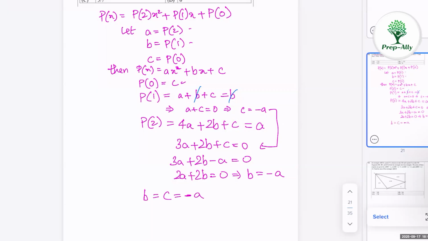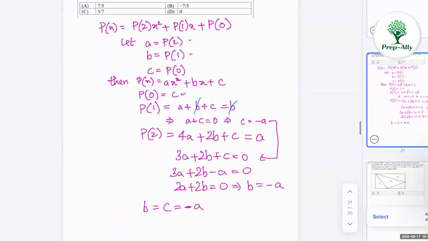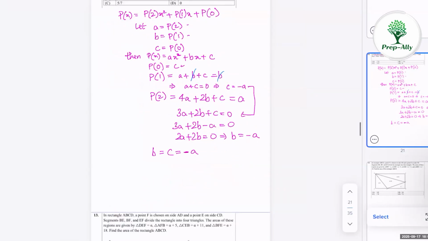Now what are we supposed to find? Oh, and we're also given p of 3. P of 3 is equal to 7. So if we put p of 3 equal to 7 in this equation, we get p of 3 equal to 9a plus 3b plus c equal to 7.